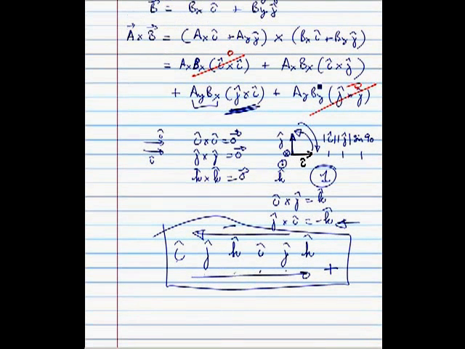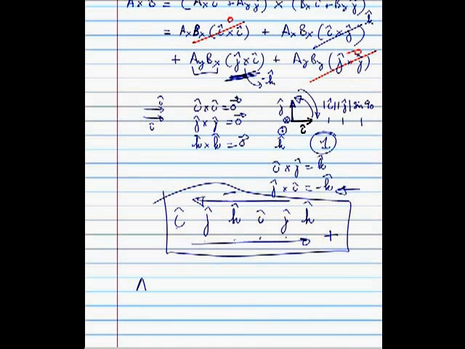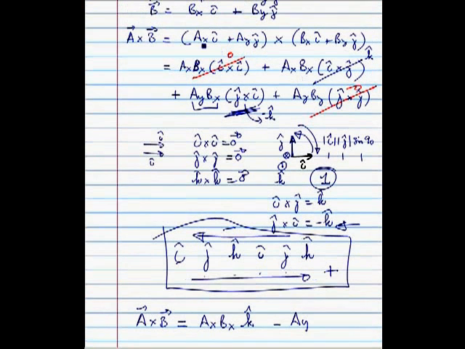So this one will give me plus k, and this one will give me minus k. Therefore, a cross b will be ax by k minus, whoa, this must be y, typo, sorry.